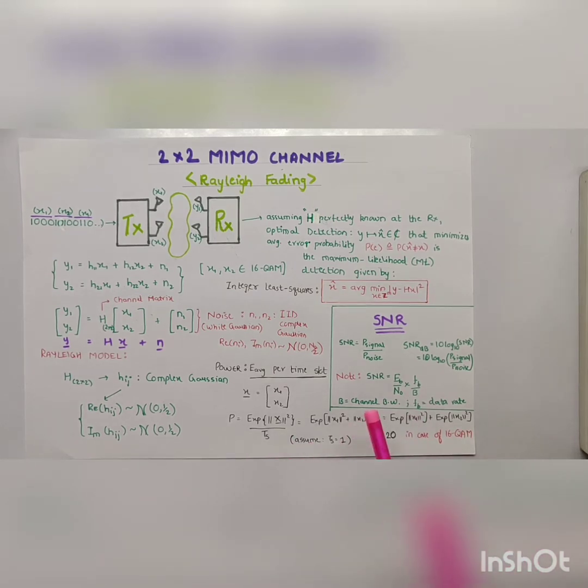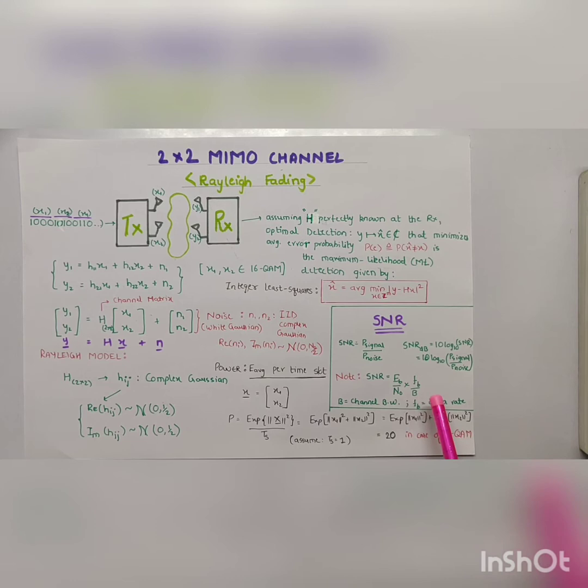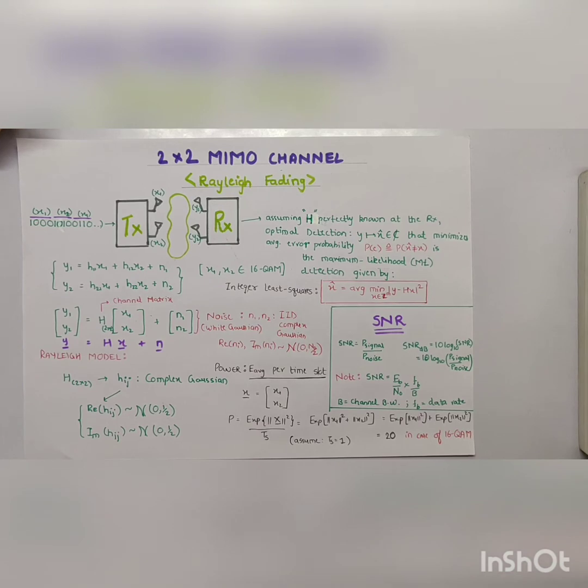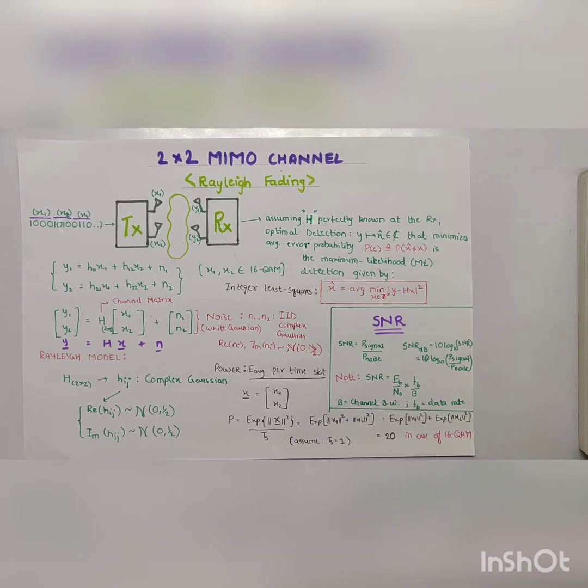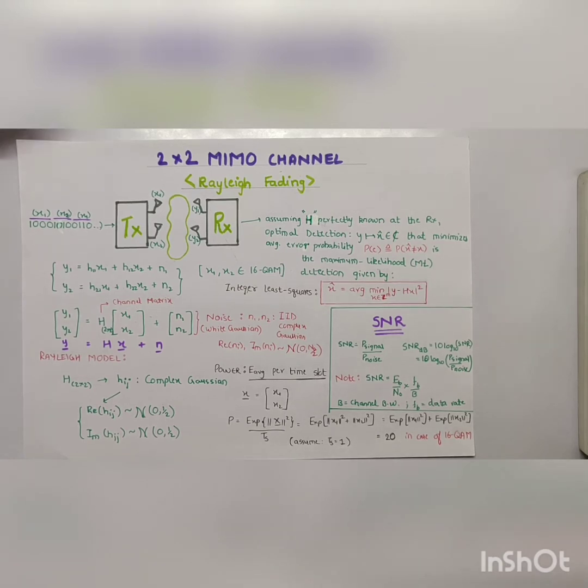It is actually given by this relation: SNR equals Eb/N0 times the data rate divided by the channel bandwidth. Eb is the signal energy associated with each user data bit, and N0 is the noise spectral density, the noise power in a unit hertz bandwidth.